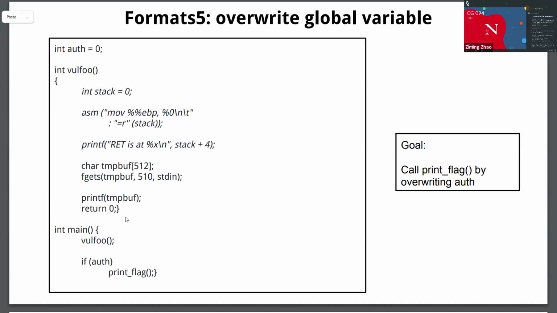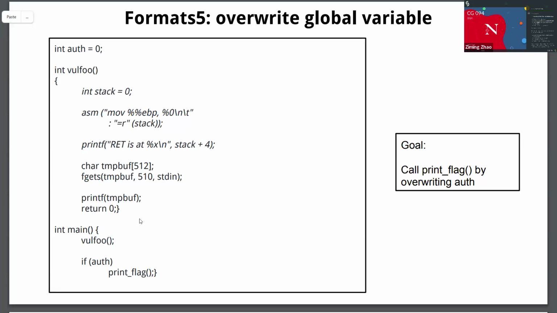One is you overwrite the global variable auth, so the program will print out the flag for you. Or you overwrite the return address on vuln_foo's stack frame and change that to print the flag, so the program will also print out the flag for you.